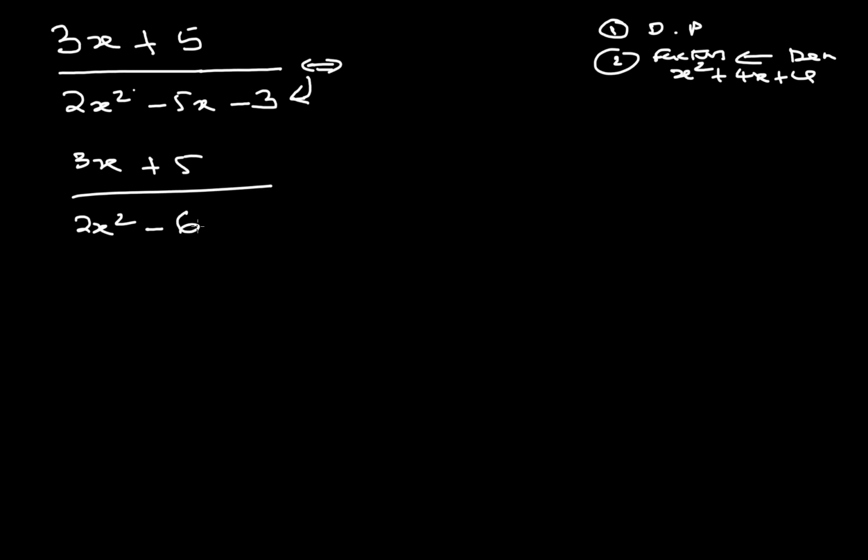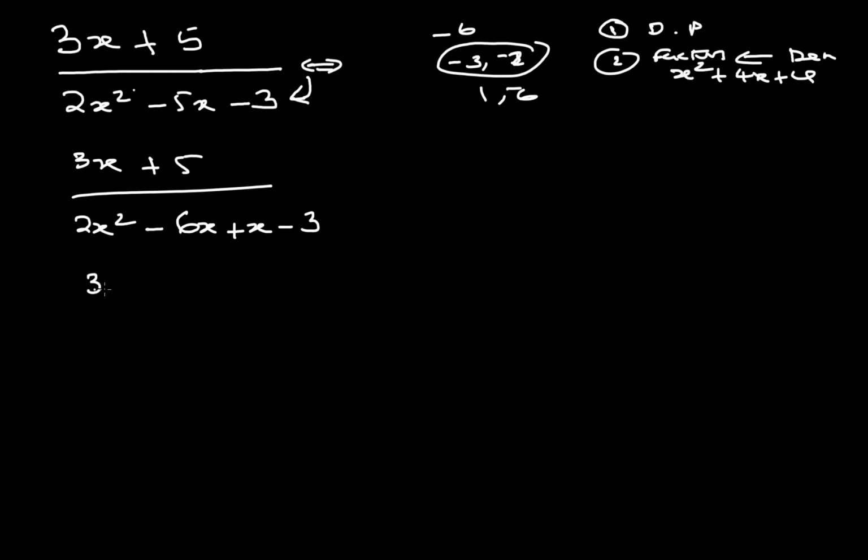So this will be minus 6x plus x minus 3. The reason being that this is minus 6. I cannot use minus 2 and minus 3, because I can add these to get minus 5, but I can't multiply them to give me negative 6. They'll give me plus 6. That's why I'm going for 1 and 6, and just one will have a negative sign. That's what I've done here.